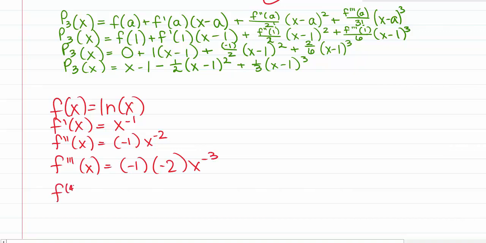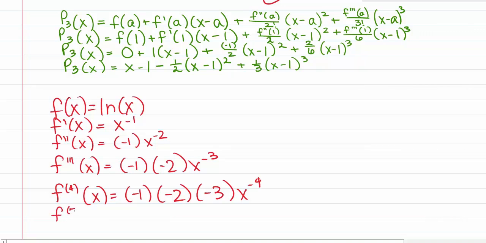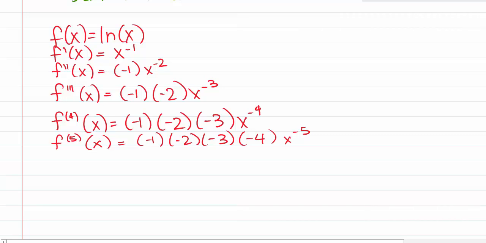The fourth derivative equals negative 1 times negative 2 times negative 3 times x to the negative 4. And we can see there's definitely a pattern here, right? And it looks like it should involve a factorial. The fifth derivative is going to be negative 1 times negative 2 times negative 3 times negative 4 times x to the negative 5.